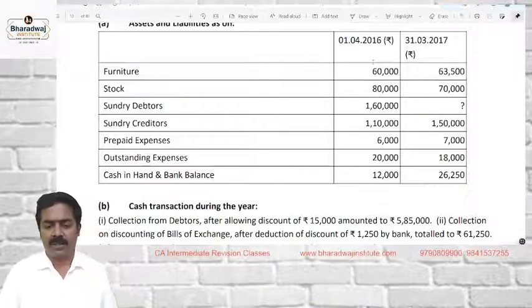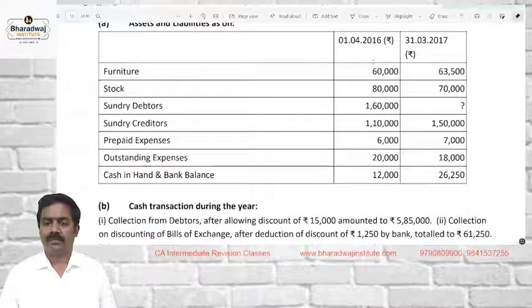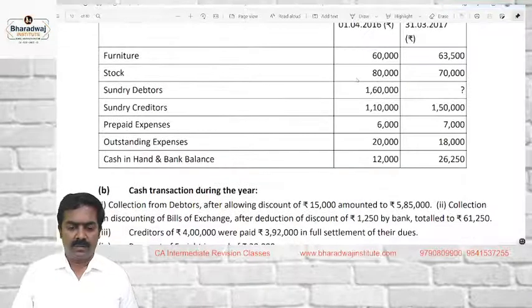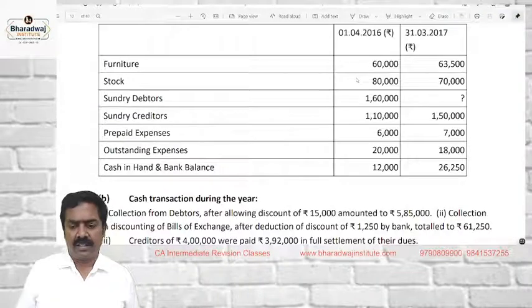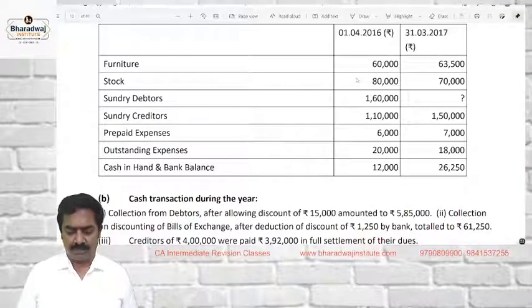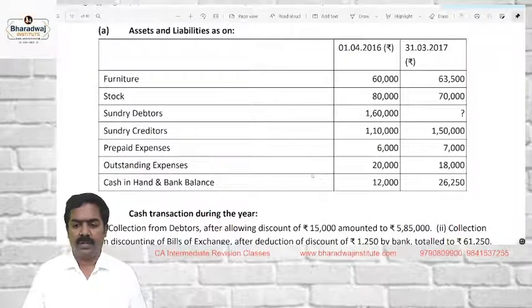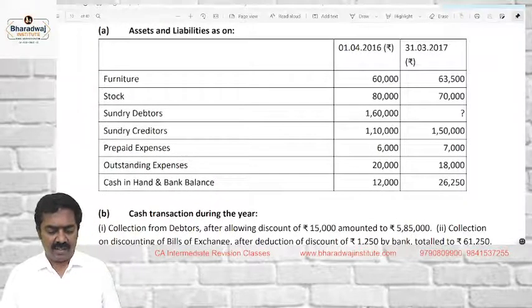Try to prepare the statement of affairs on 1/4/2016 and tell me the opening balance of capital. On 1/4/2016 opening balance of capital, try to work out. Any answer? 1,88,000.